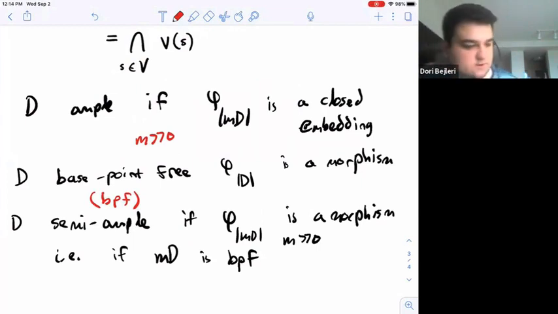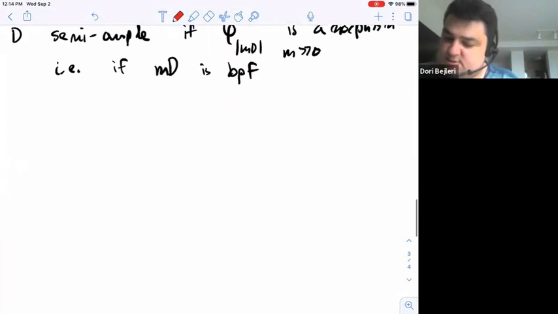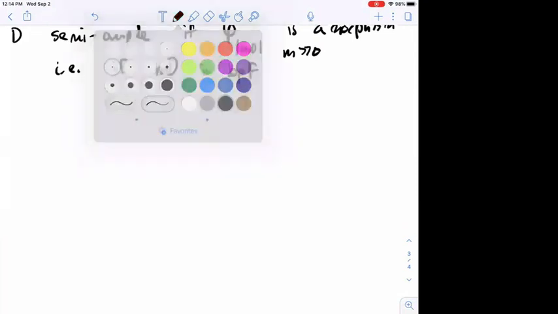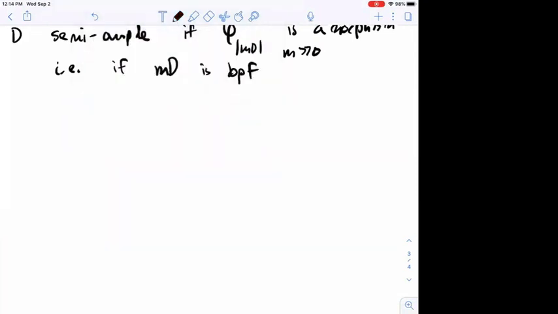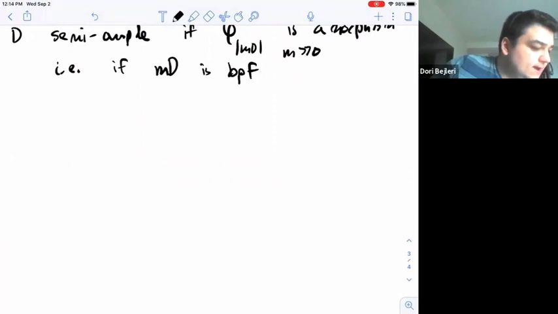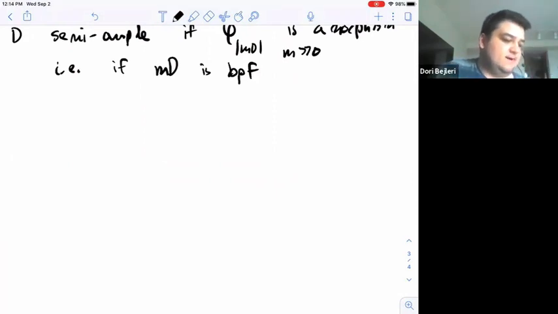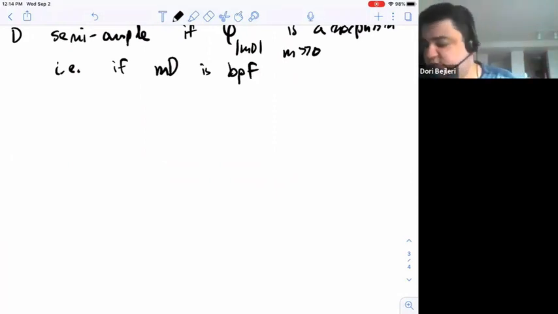Okay, so now some more tools. So again, we want to classify varieties. There are two tools we can use right at the beginning to shrink the class of varieties that we have to work with in the beginning.